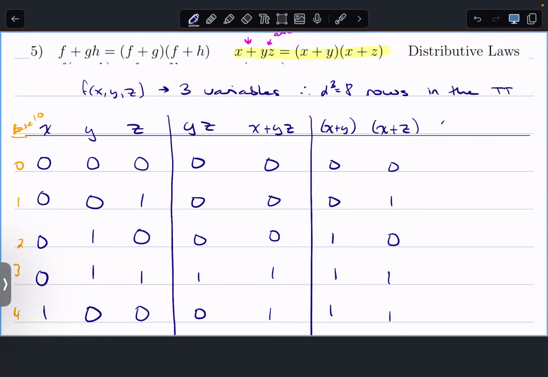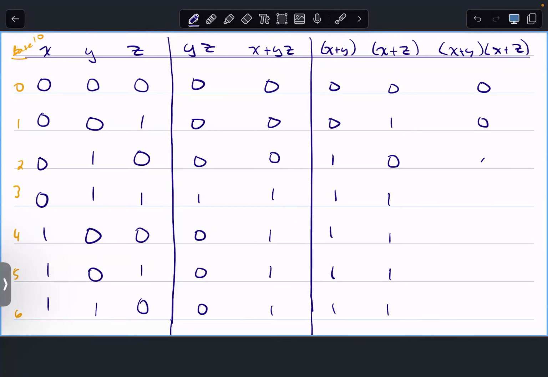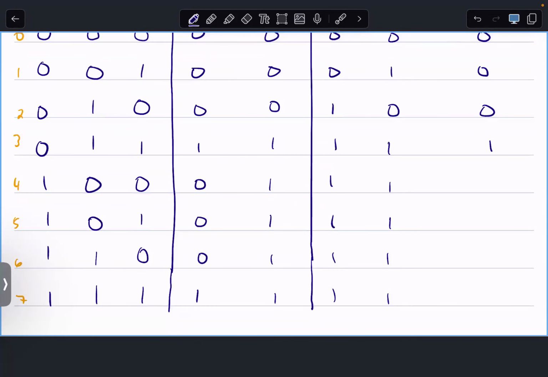And now x plus y times x plus z. So now I multiply these two columns. And the only way I can get a 1 is if they're both 1. So I get 0, 0, 0, 1, 1, 1, 1, 1.